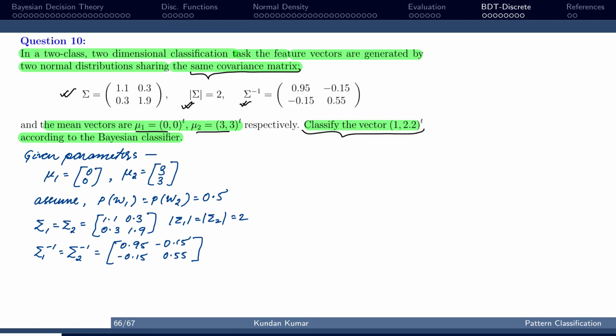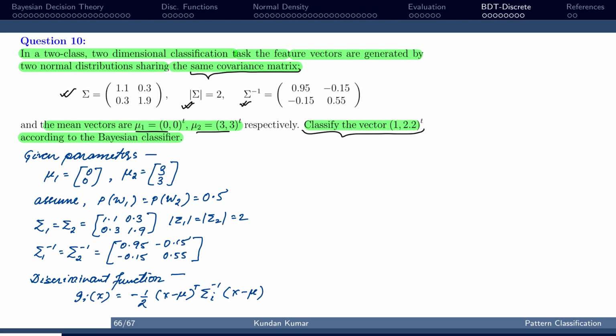Okay, so in this case our discriminant function will be g_i(x) equal to minus 1 by 2 (x minus mu) transpose sigma i inverse (x minus mu).